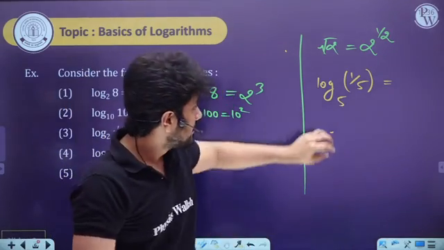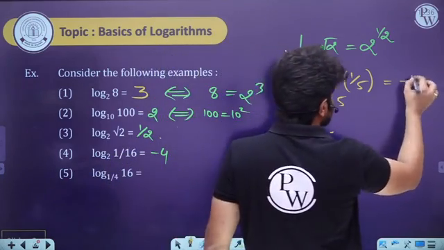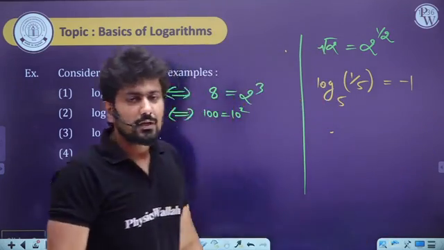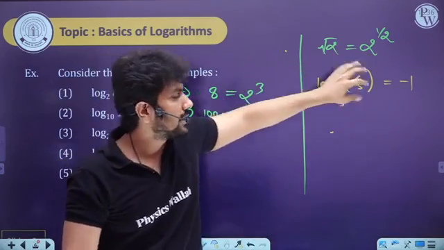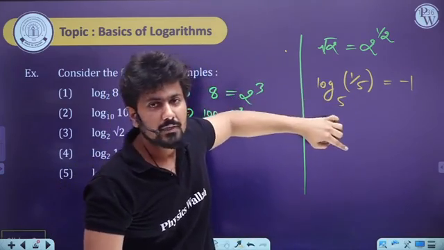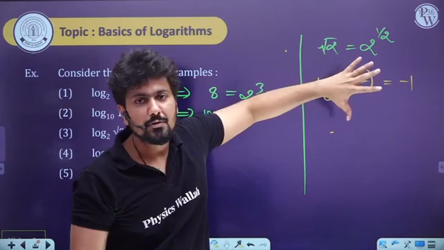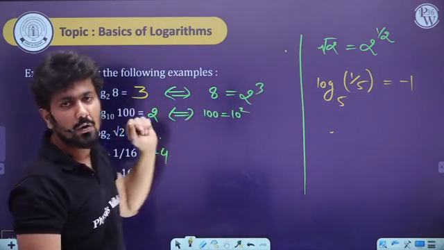So our answer will be minus 1. The value of log can be negative, but we can't allow a negative number inside the log. This number and the base should be positive, and the base should not be equal to 1. These are the conditions attached with logarithm.